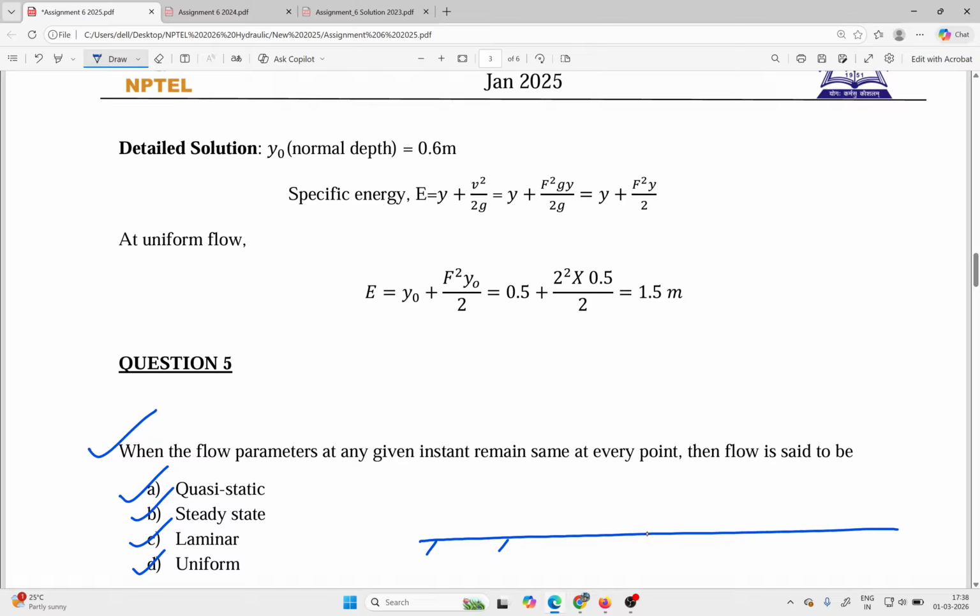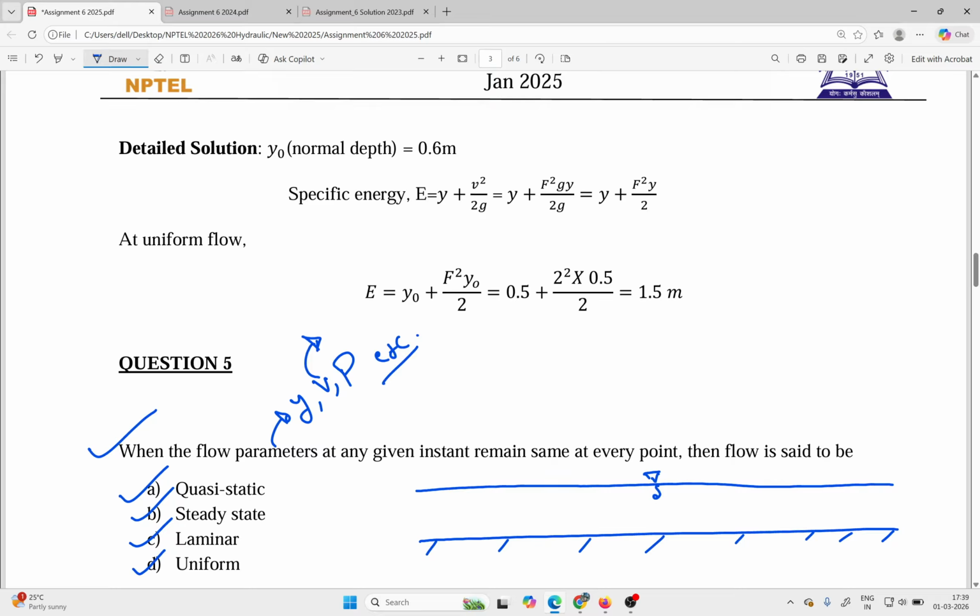This is the bed of the channel, and the flow is like this. This is your flow depth. Now the flow parameters mean your depth, velocity, pressure, etc.